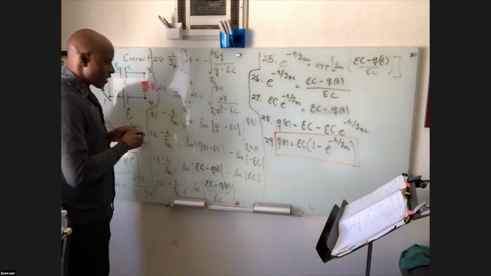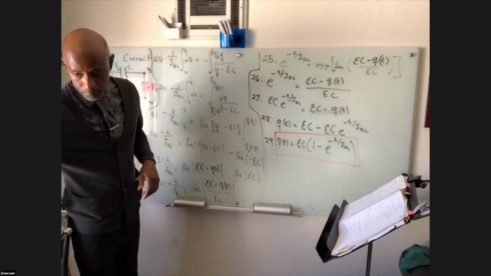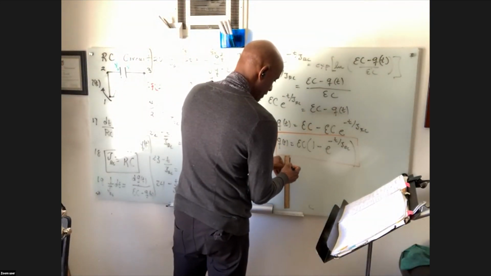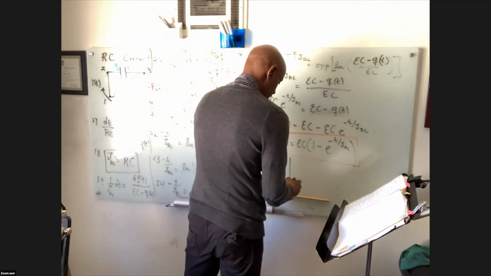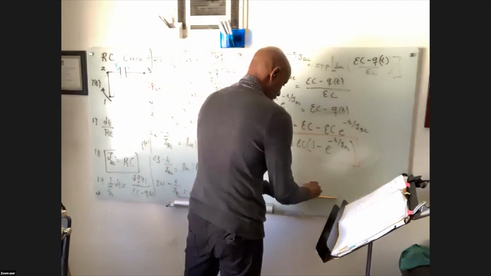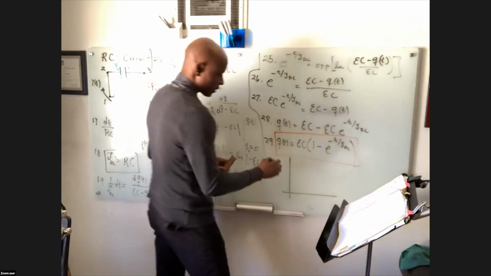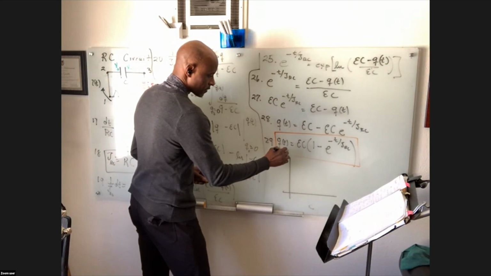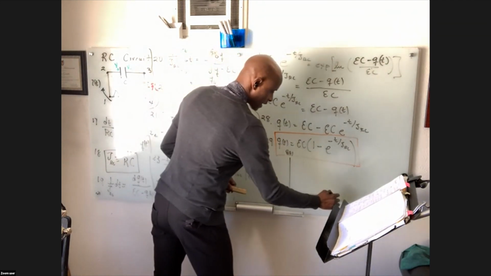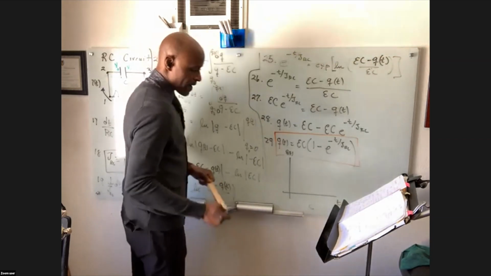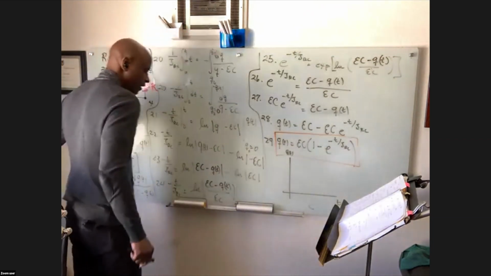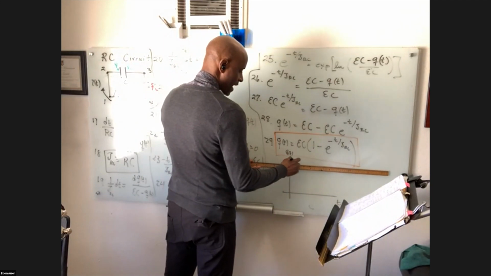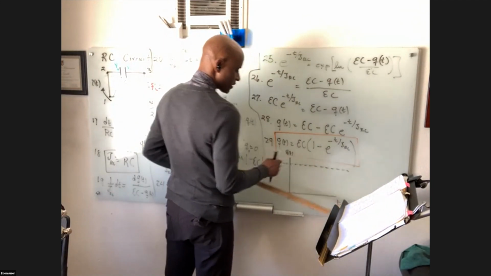If I take a little graph of that, it's going to look like this. And here it gives the meaning of the time constant, defines it pretty clearly. So if this is Q of T on the y-axis, and this is time on the x-axis, I'm going to have a maximum charge on the capacitor, which it charges up to at some point.